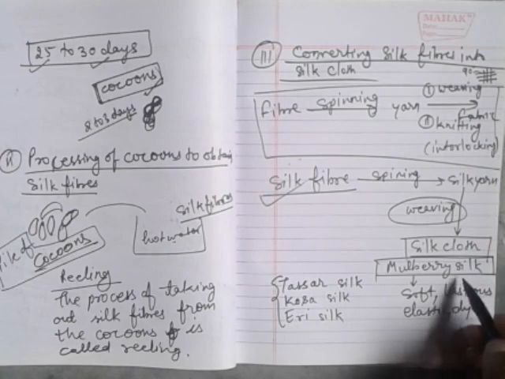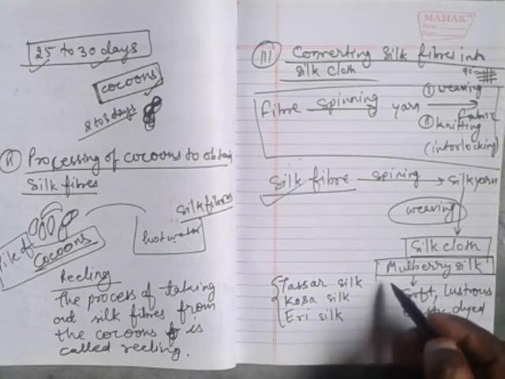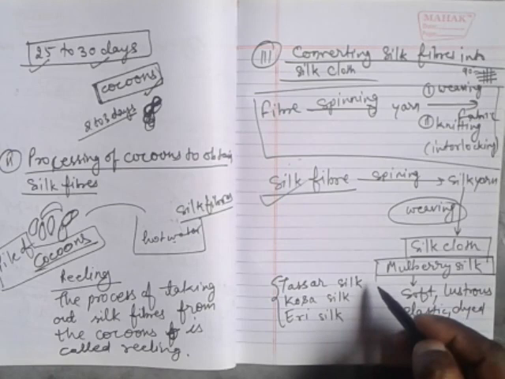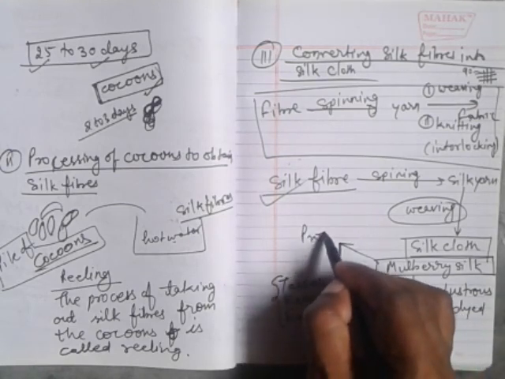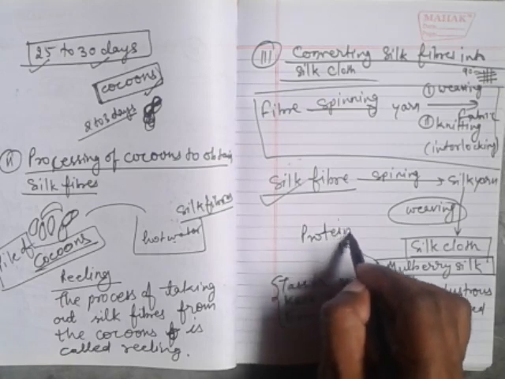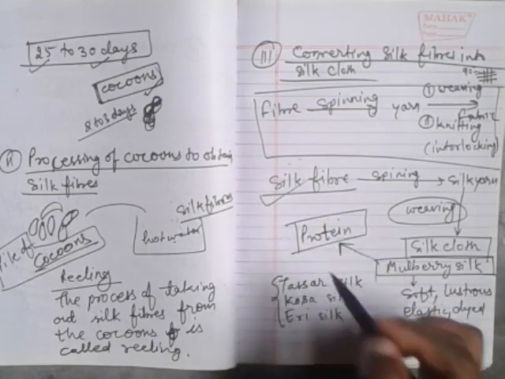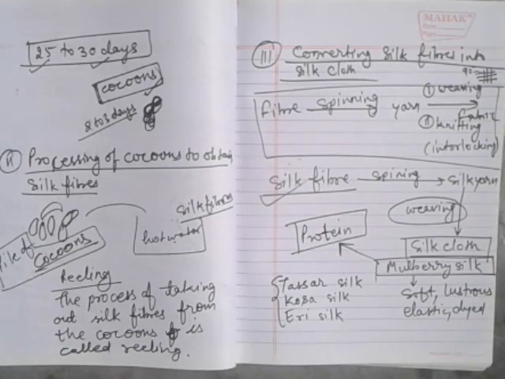This silk is obtained from protein, and this is a natural silk because it is obtained from the cocoons of silkworm, and it is an animal fiber.